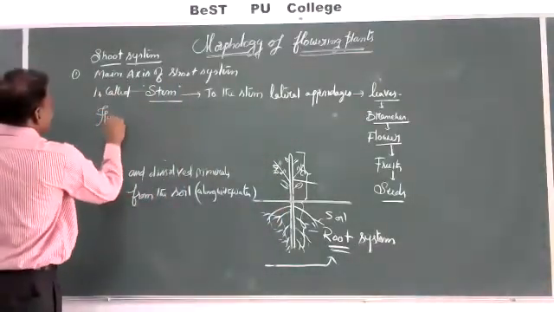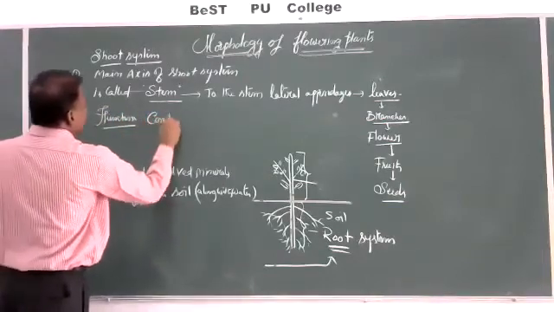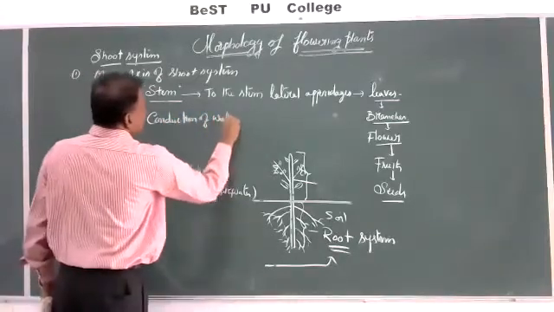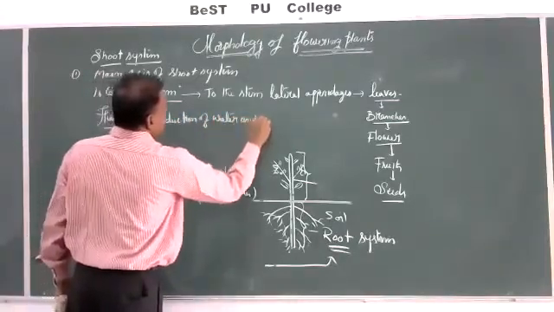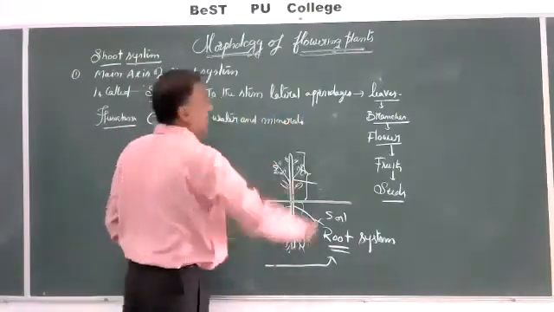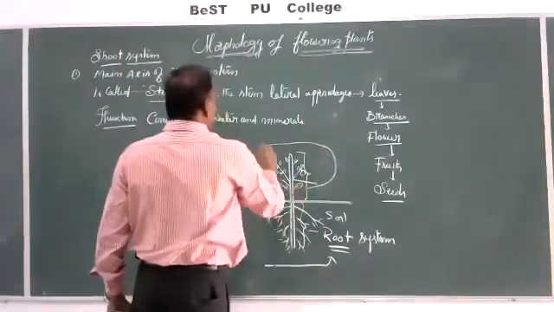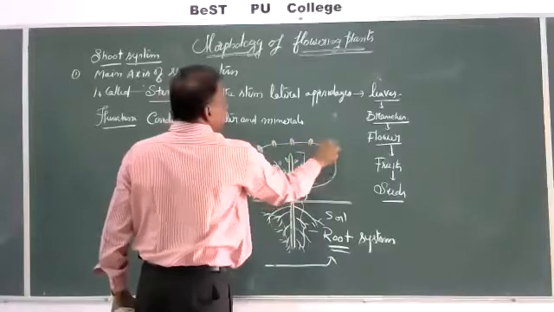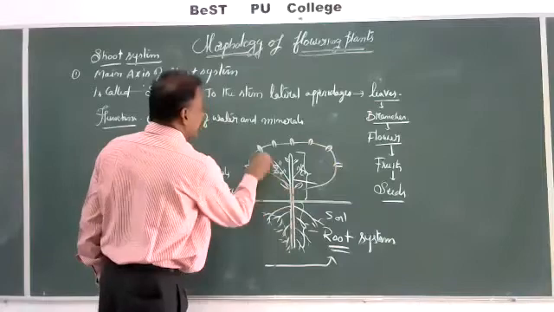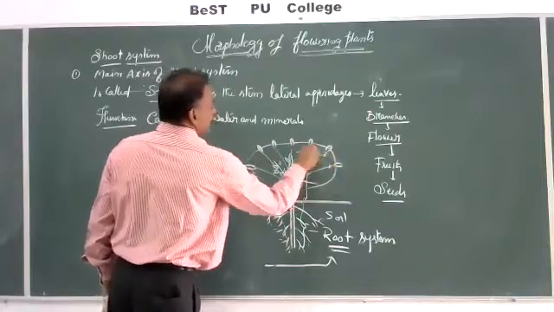Functions of the stem: conduction of water and minerals to every leaf present in the corners of the plant, wherever it is. If leaves are there, it has to supply water to each and every leaf.